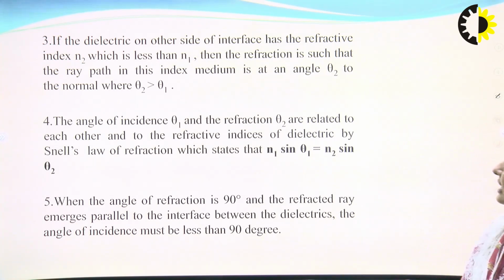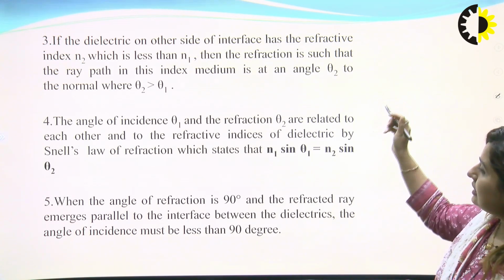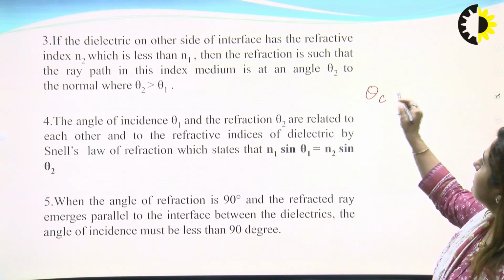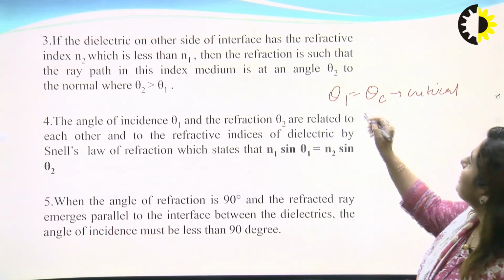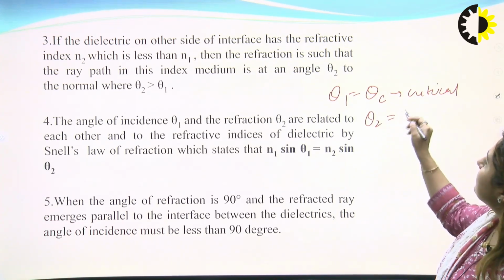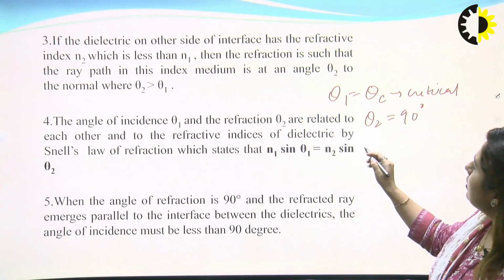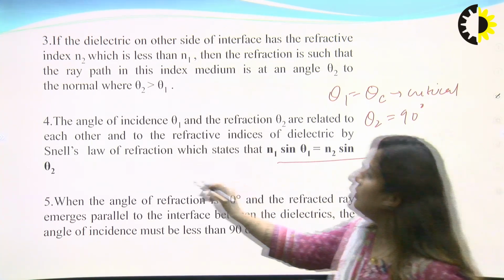In the second case, we have the critical angle. When theta 1 equals theta c, the critical angle, theta 2 becomes 90 degrees. So, we have Snell's law: N1 sin theta 1 equals N2 sin theta 2.